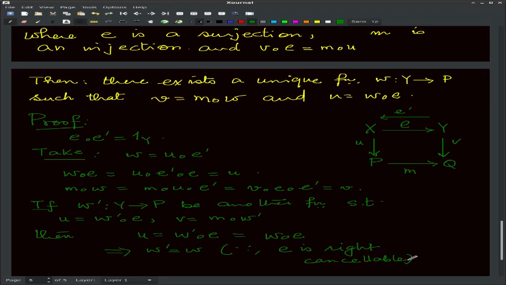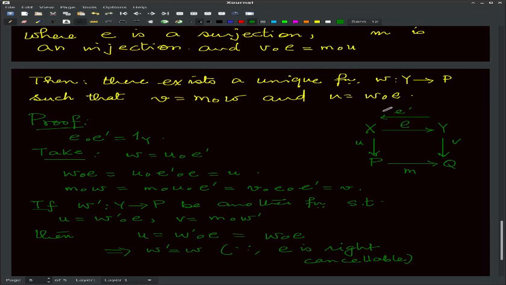The beauty of the proof is that even if you take another choice of the right inverse E prime, some magic is done by this composition.